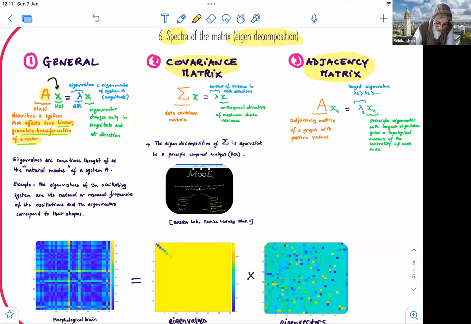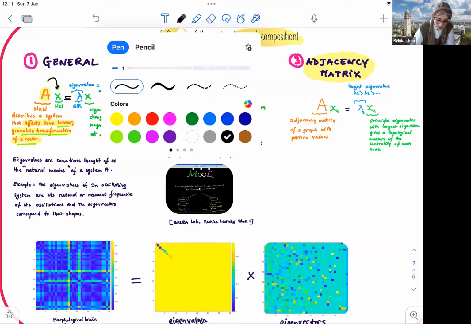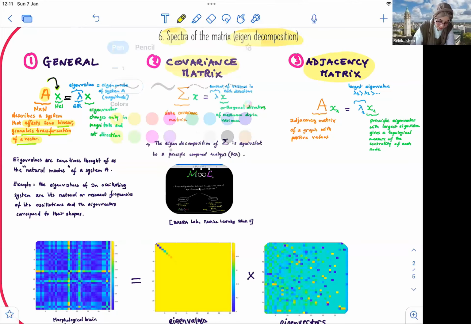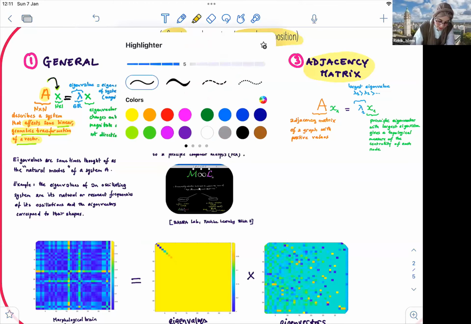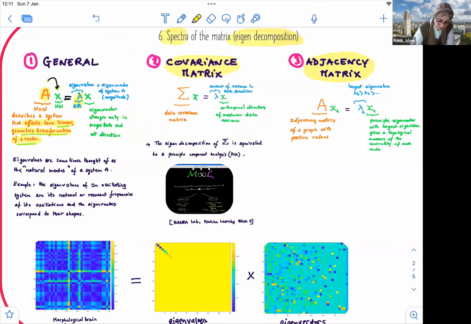So when we do the eigen decomposition of Ax, we want to rewrite it as a multiplication of a lambda value, which is an eigenvalue, a scalar. This is called an eigenmode of the system A, or the magnitude of the system A. And the same vector x, we want to identify the same vector.